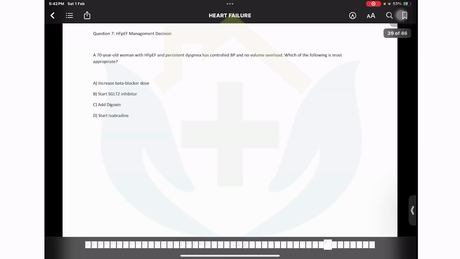A 70-year-old woman with heart failure and preserved ejection fraction with persistent dyspnea has controlled BP and no volume overload. Which of the following is most appropriate? So what is the drug approved in HFpEF? SGLT2 inhibitors.